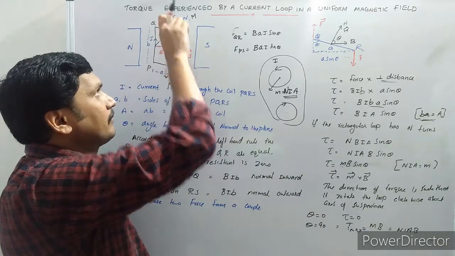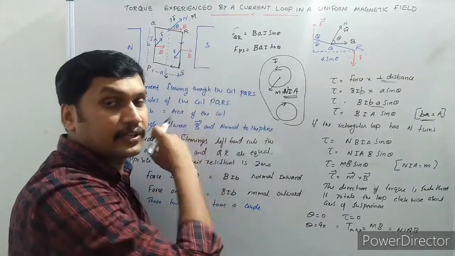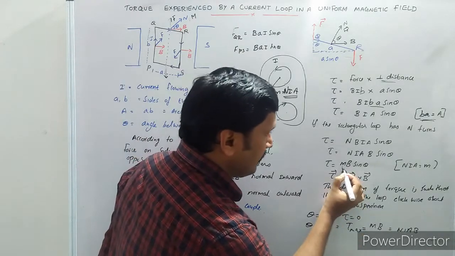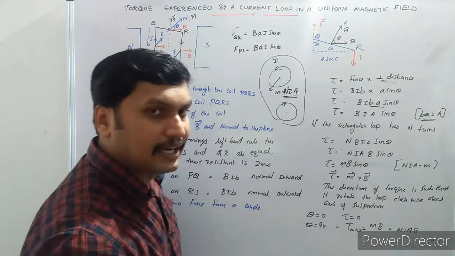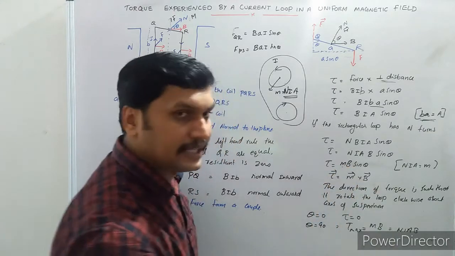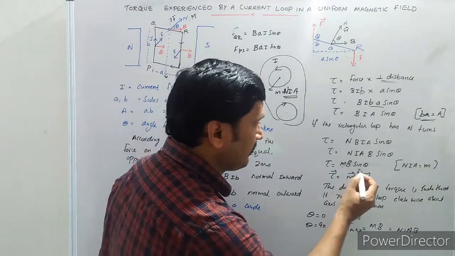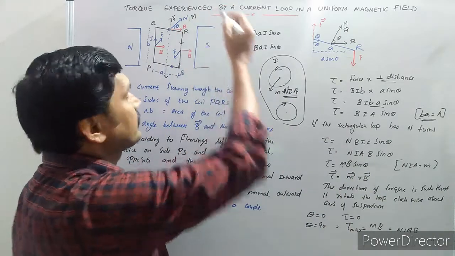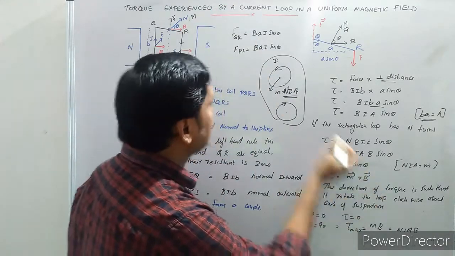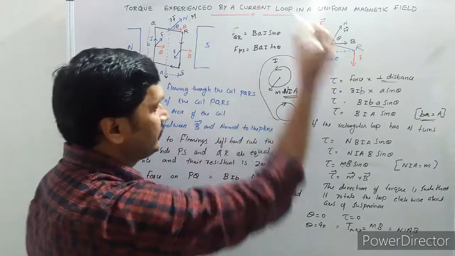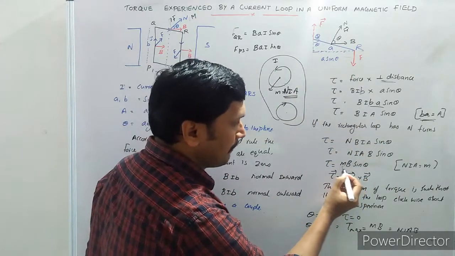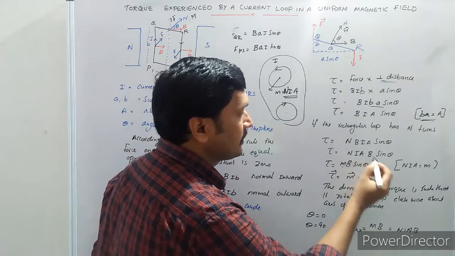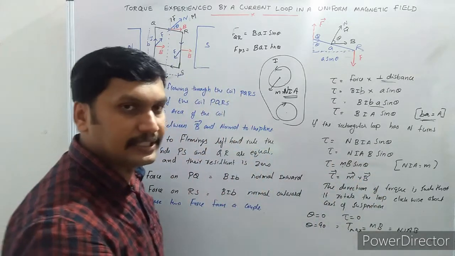The angle between M and B is theta, because M is in the direction of the normal. So torque is equal to M B sine theta.